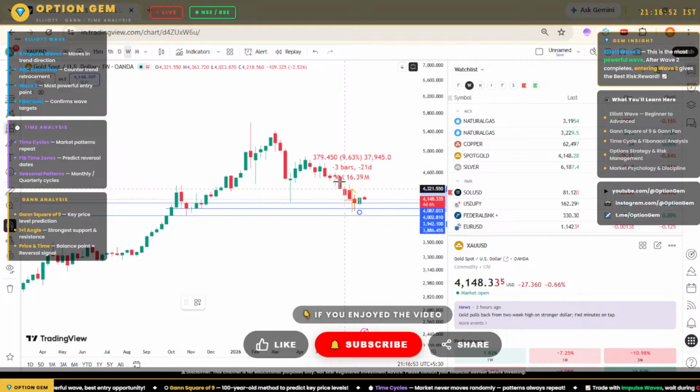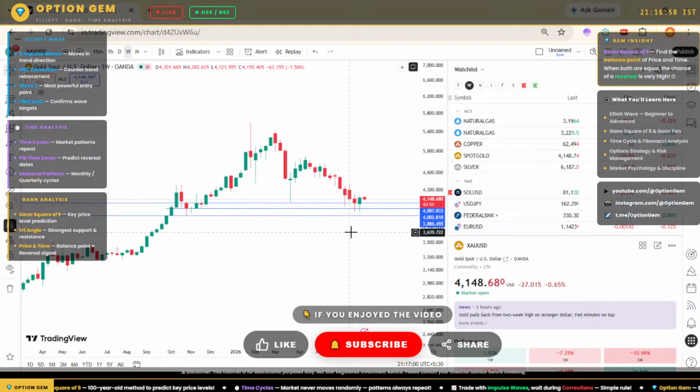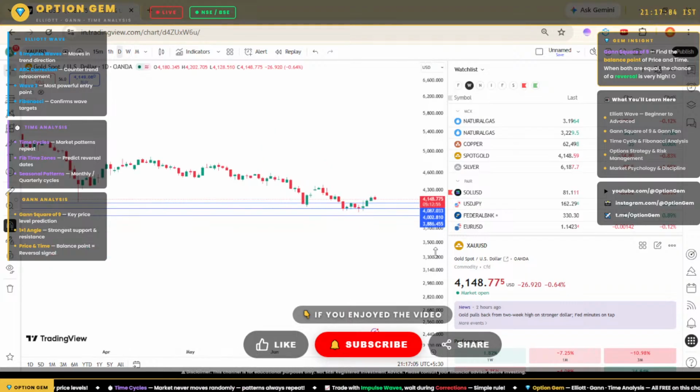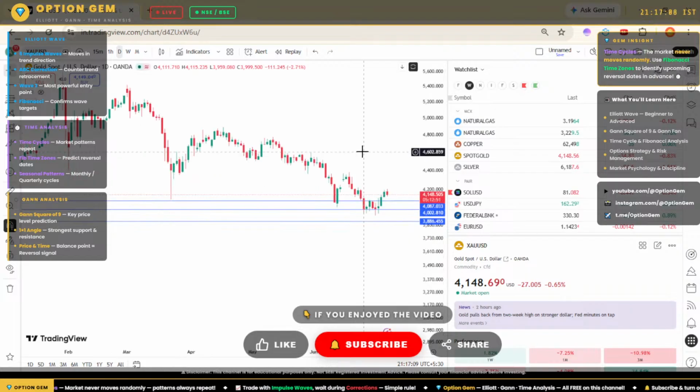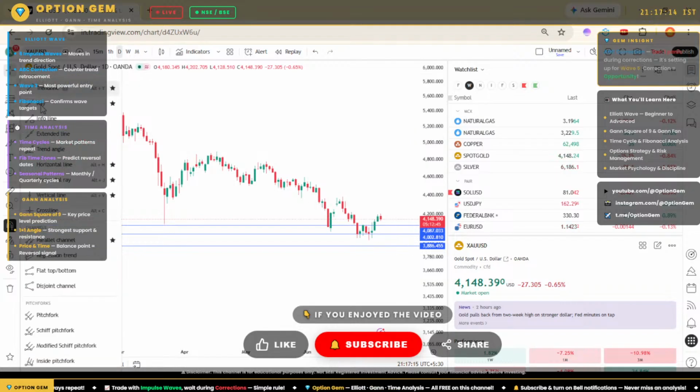Not 4500 exactly, but 4300 is possible as the first target, and then the second target is 4500. But we'll see what possible developments happen, so we're waiting for that as well. If any major development is going on, we'll think about that as well.